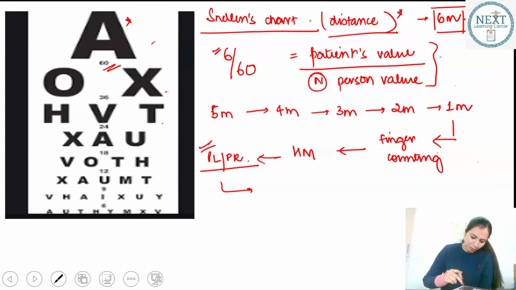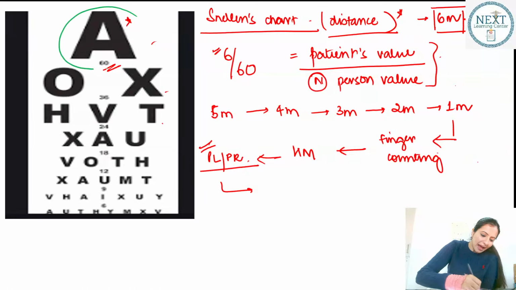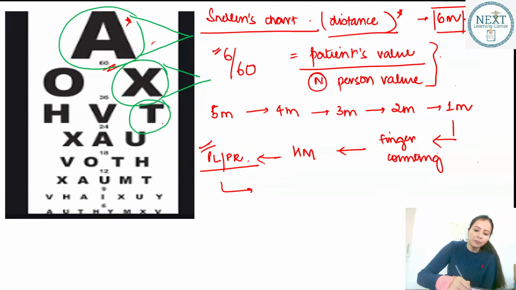Another important MCQ that is asked: what is the angle subtended by each of these letters at the nodal point of the eye?